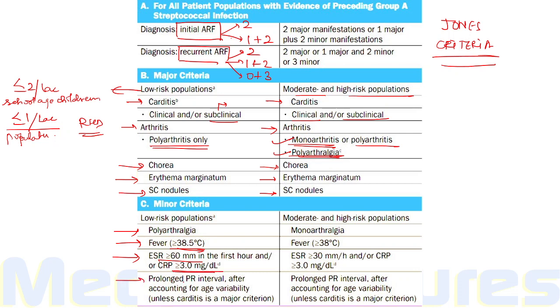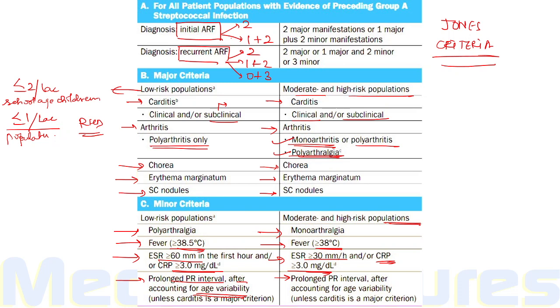There should be prolonged PR interval after accounting for age variability. In moderate to high risk population, monoarthralgia is included in the minor criteria. Fever is more than or equal to 38, ESR is more than or equal to 30, CRP is the same, and again prolonged PR interval after age variability.